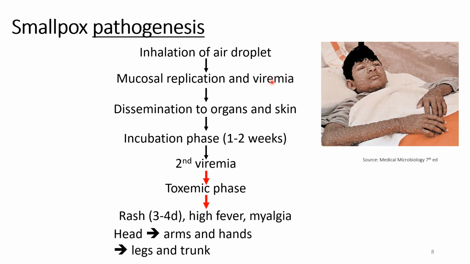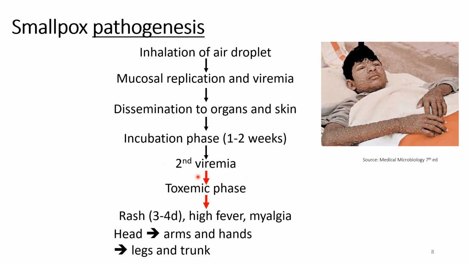So this viremia is short-lived, but it allows the dissemination of the virus to other organs and the skin, where the virus now replicates and produces large amounts. Okay, that is followed by a secondary viremia, which is much more intense and results in the appearance of symptoms. Now, this period here, the incubation phase, takes around 1 to 2 weeks.